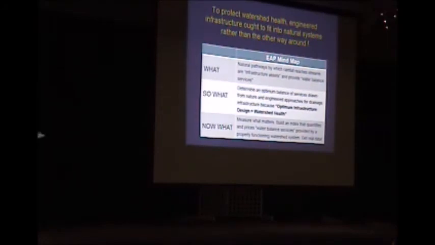The so what is that we need to design an infrastructure that will optimize all of the flow paths and mimic what's happening in nature. If we're going to disrupt it, we better fix it. And now what? We need to change the standard of practice to become the state of the art.